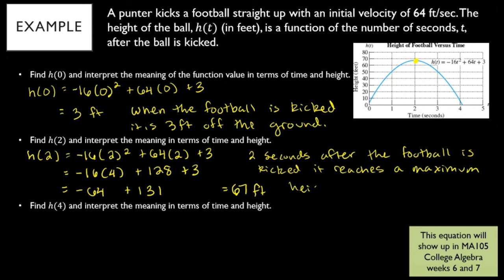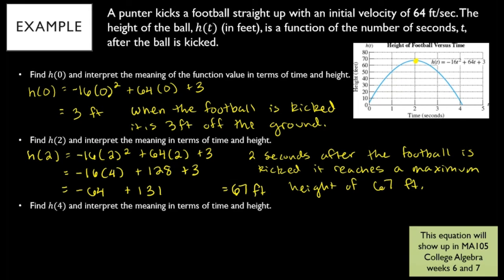Maximum height of 67 feet. So that's our meaning of this, and we interpreted the meaning in terms of time and height. We've got the time in there, we've got the height, and we added in what it means. It's the maximum. That's what that graph is kind of showing us, that's the highest point.